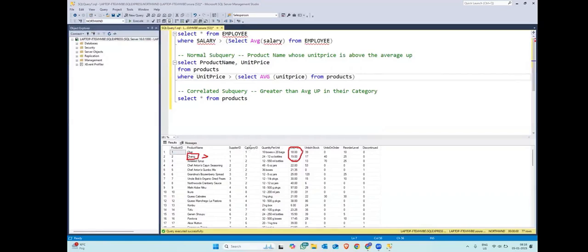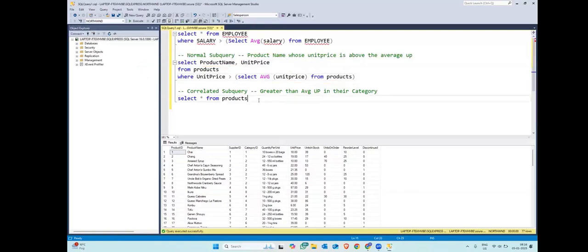So first I will look at the category, then I will calculate the unit price. So to see the category, I will have to look outside this query, at the first query, the outer query. I will have to reference the outer query, like this product name belongs to which category, and then I will calculate the average price of the products which belong to the same category.